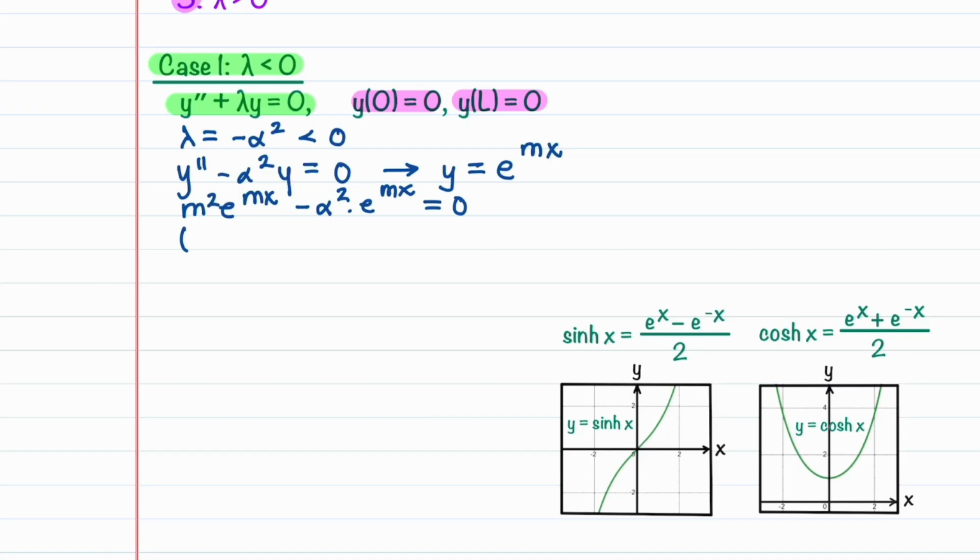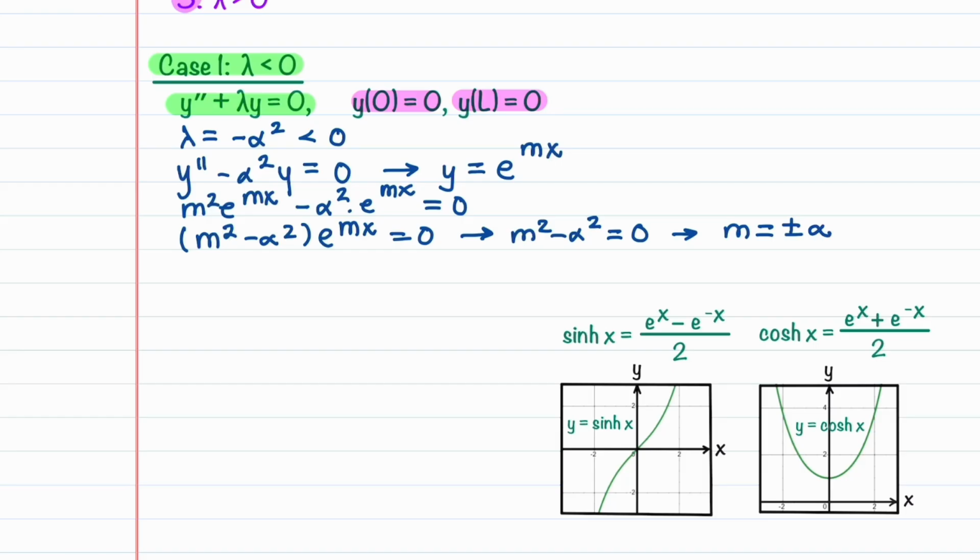Let's factor out e to the mx, so we get m squared minus alpha squared times e to the mx is equal to 0. Our exponential function is always positive, so that means that m squared minus alpha squared has to be 0, and this gives us that m is equal to plus or minus alpha.